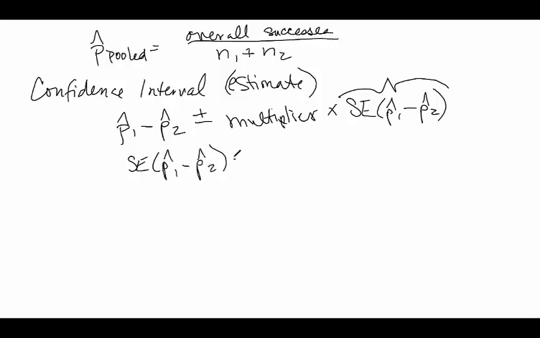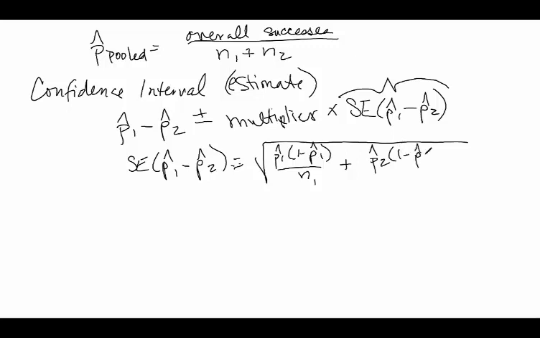So we calculate it using our 2 sample estimates: p hat 1 times 1 minus p hat 1 divided by the sample size for that group, plus p hat 2 times 1 minus p hat 2 divided by the sample size for that group. So those are the calculations for the difference in proportions for the confidence interval and our standardized statistic.